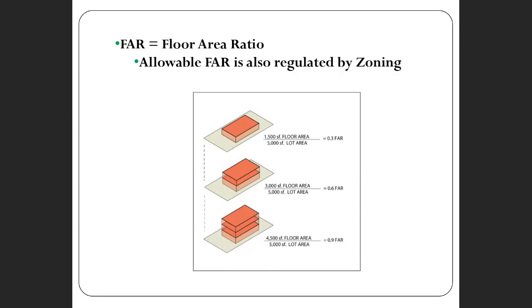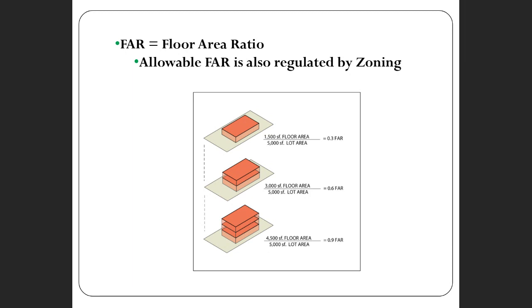Here's a definition of FAR, or floor area ratio. That would be the floor area of the building divided by the lot area. So as the FAR increases, it means you're putting more building on the same size lot. That makes sense?